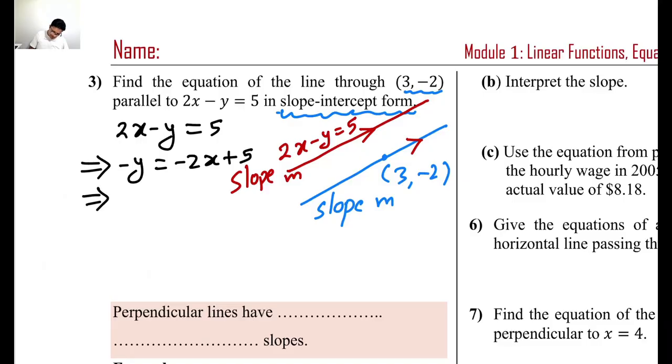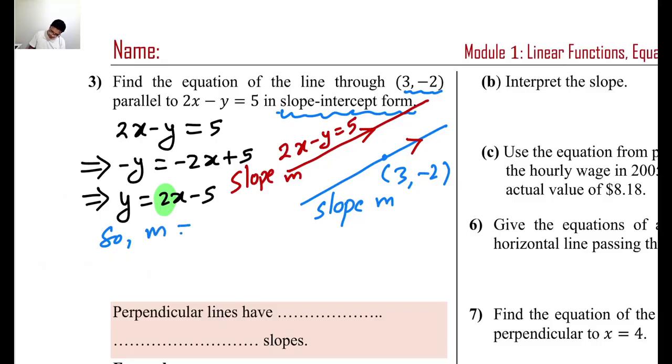Multiply both sides by -1. We get y equals 2x minus 5. Okay, so which tells you the slope of the line is 2. Okay, since the slope is 2, you can now use that.